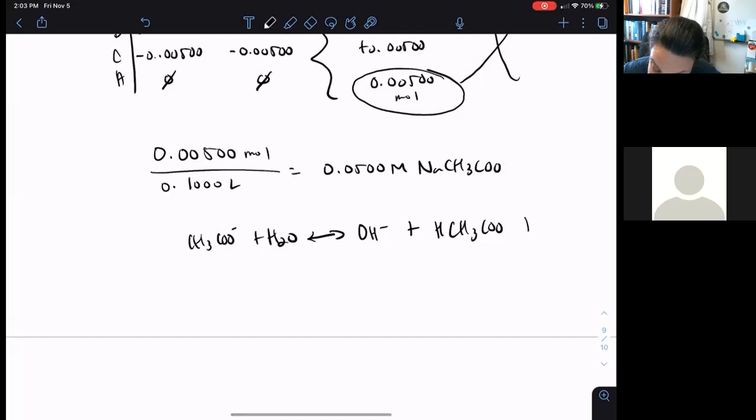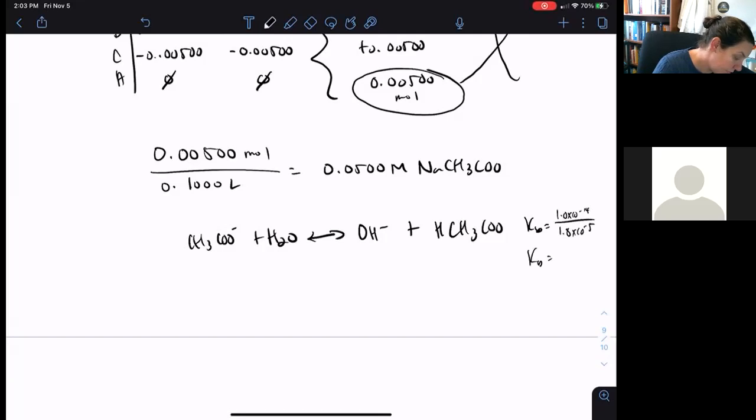This Kb will be equal to Kw divided by Ka, which means our Kb would be equal to, I think it's 5.6 times 10 to the negative 10.